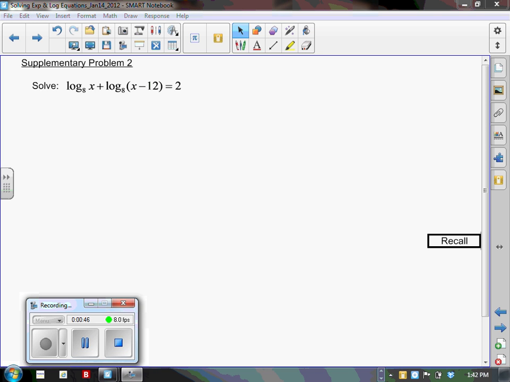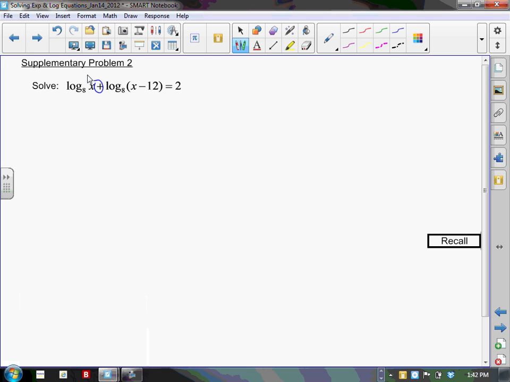Okay. So as we begin our solution, what I would like you to take note of is the fact that we are adding two logarithmic expressions together that have the same base. So again, we're adding together two expressions that have the same base.